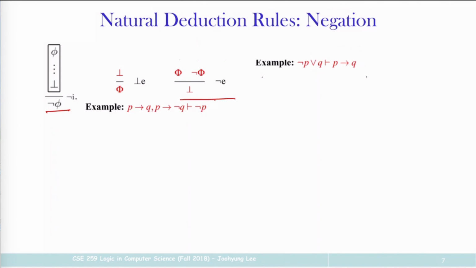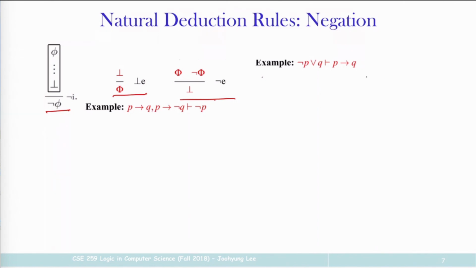One is negation introduction and another is negation elimination. Okay, and also there is something close to these guys. It's called bottom elimination. Okay, so far we haven't seen bottom in use, right? But these rules are necessary.